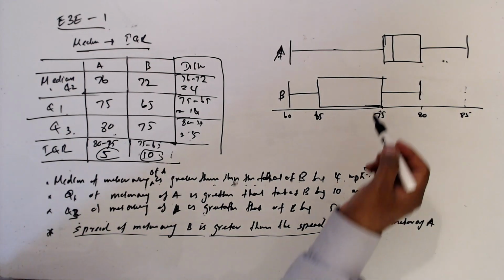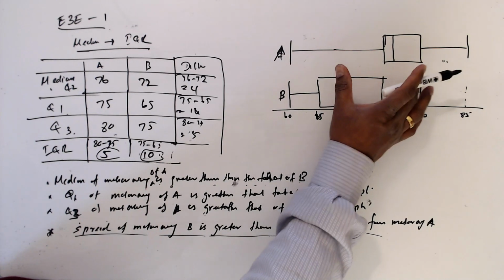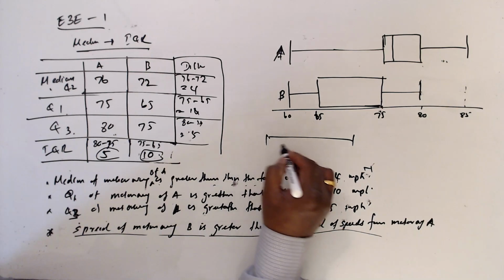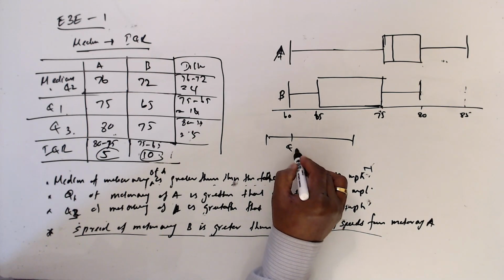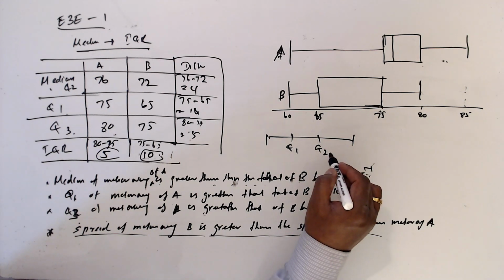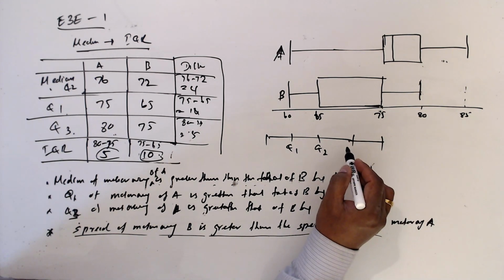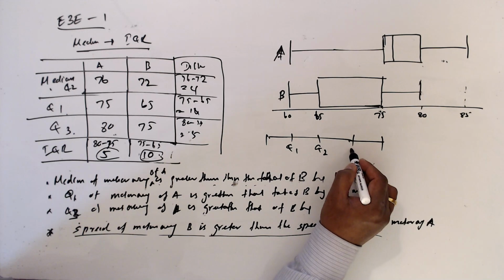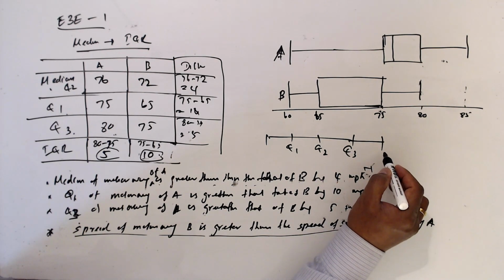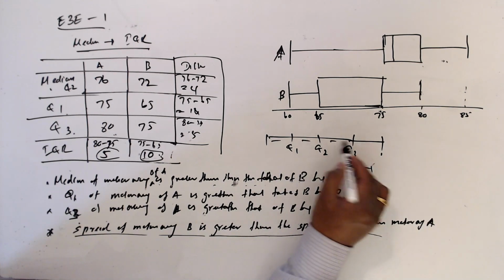You can see that because we make this box plot divided into 4 pieces of the data set. The first one is the first quartile, the second is the median, the third one is the third quartile, and the end. So basically 4 pieces.